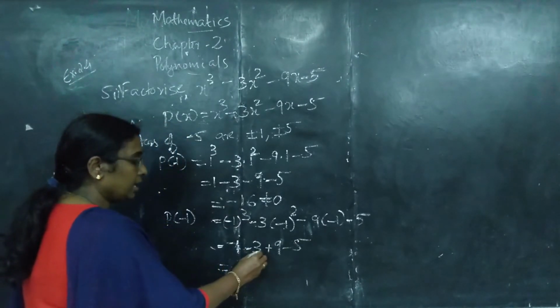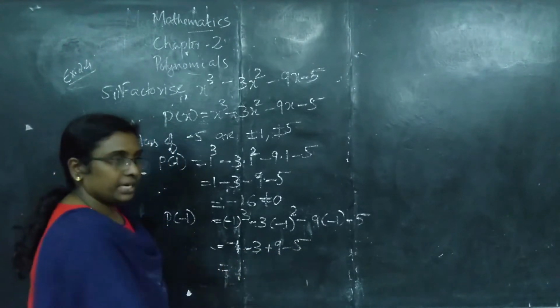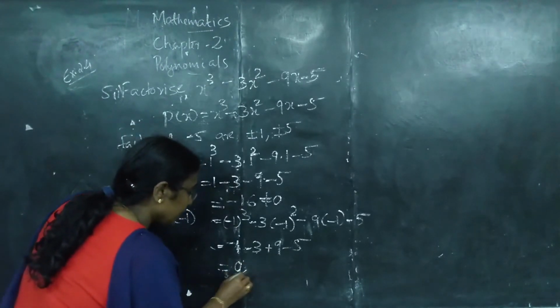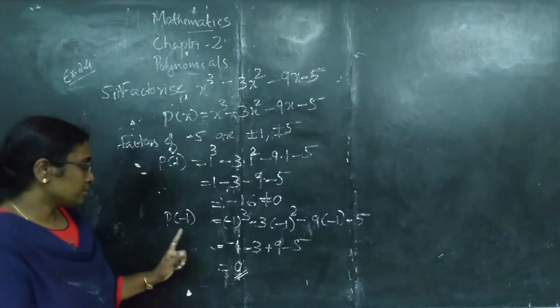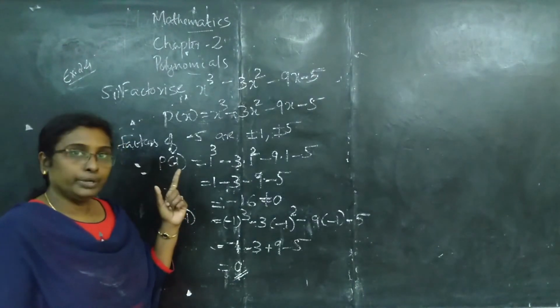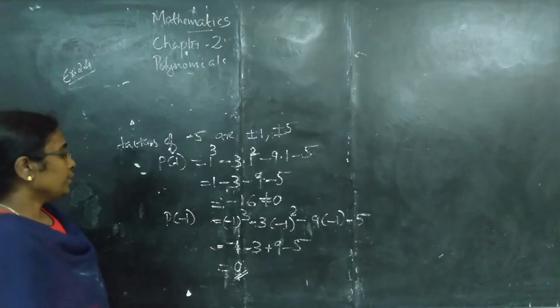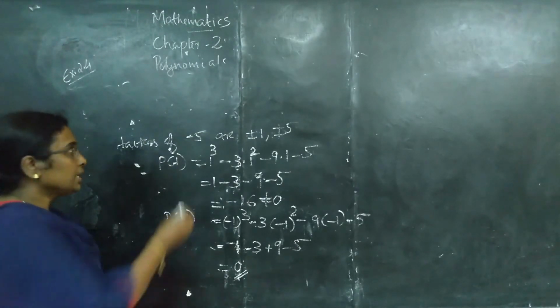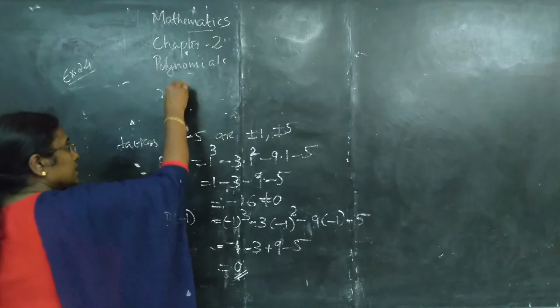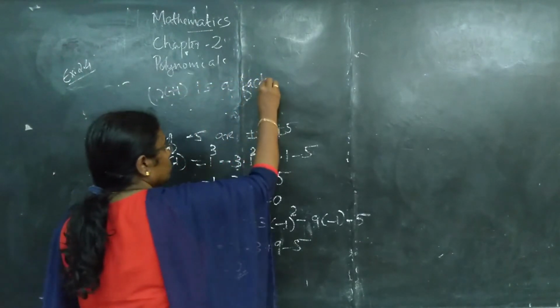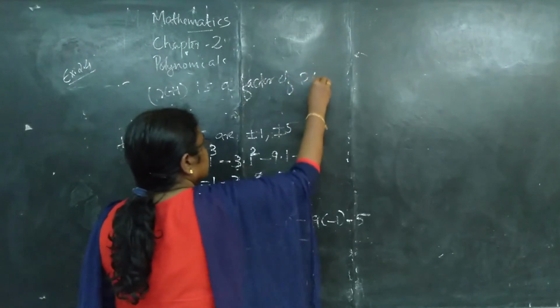Minus 1 minus 3 minus 5 plus 9 gives 0. While substituting minus 1 in p of x we get 0. So according to factor theorem, since p of minus 1 equal to 0, x plus 1 is a factor of p of x.